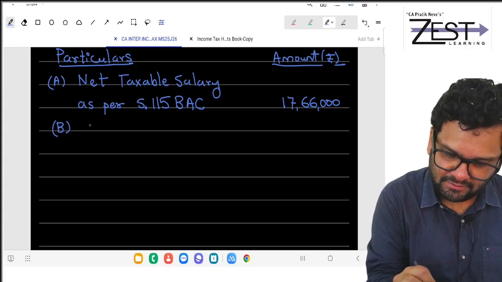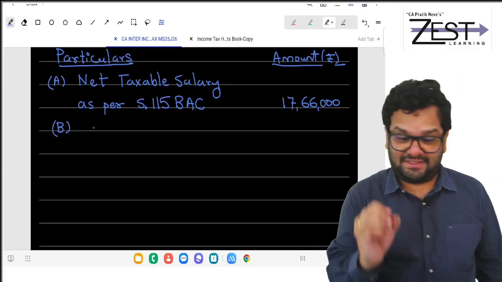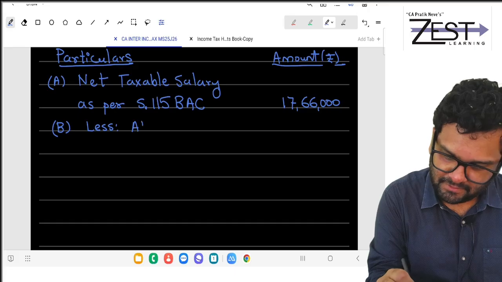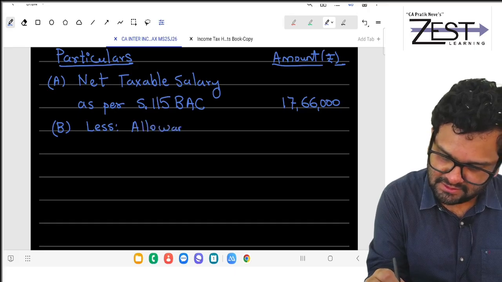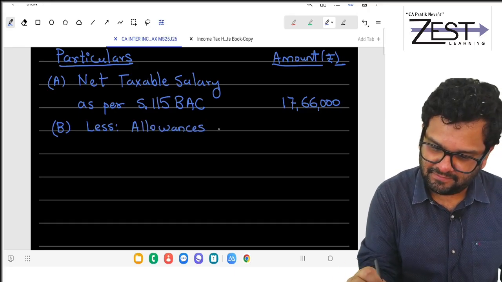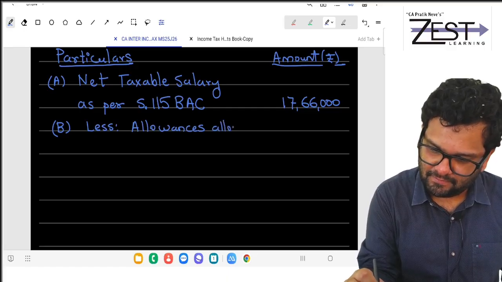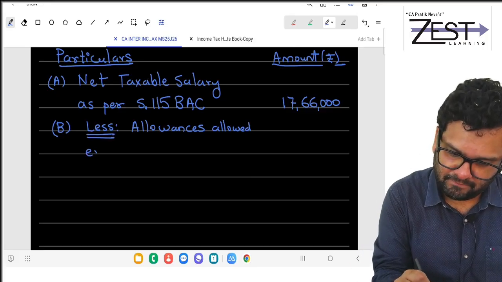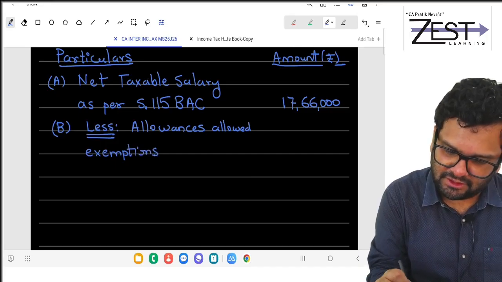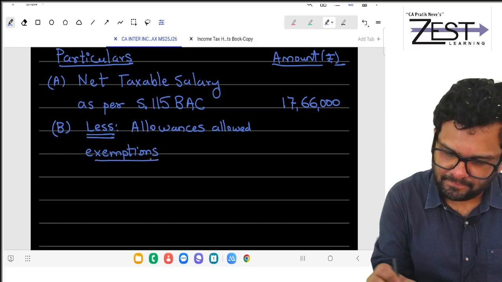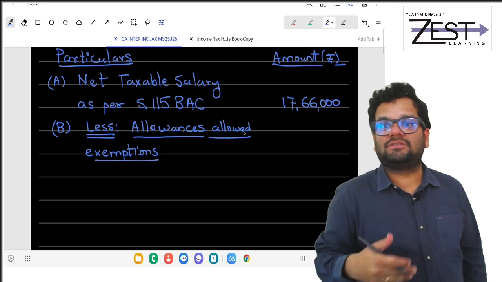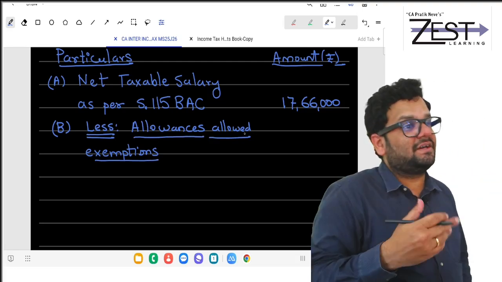B point, less. Less what? Allowances for which exemptions are allowed.